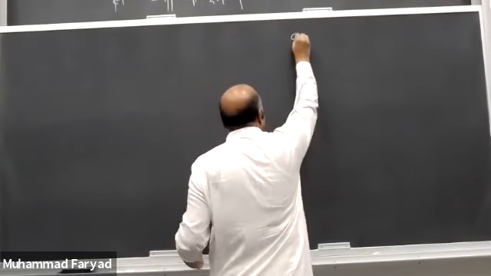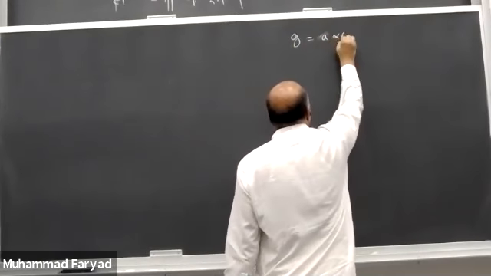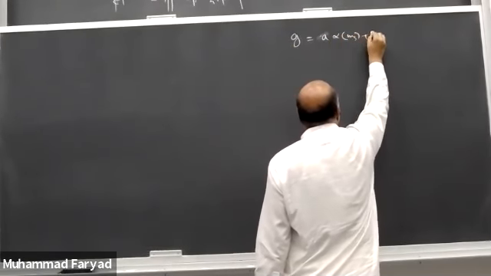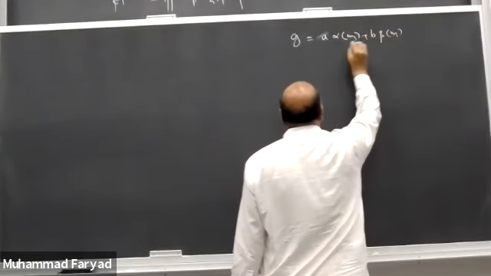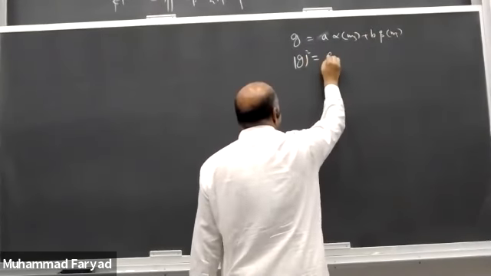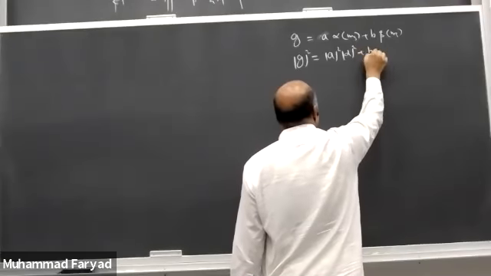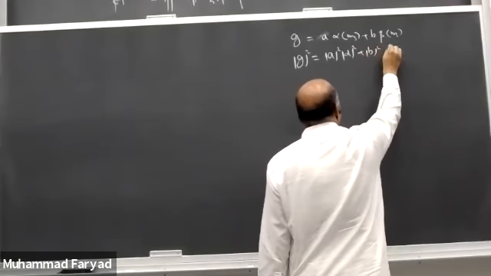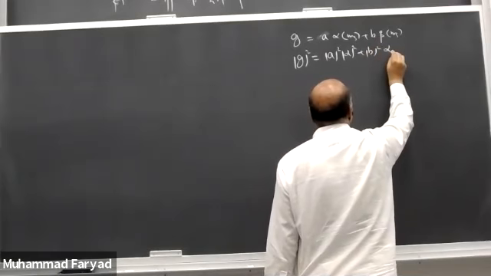Suppose G is A alpha plus B beta, then G mod square is the following.